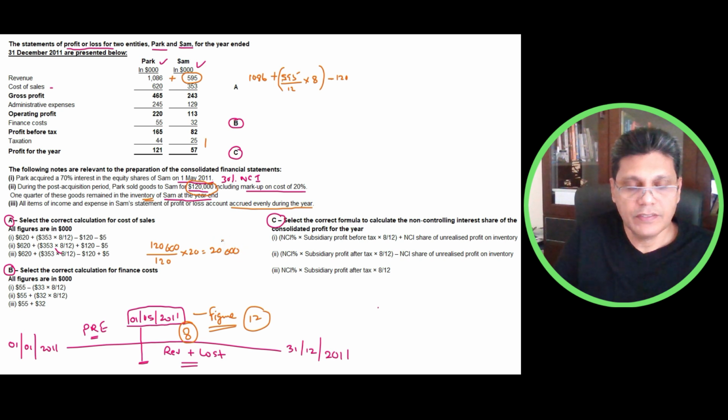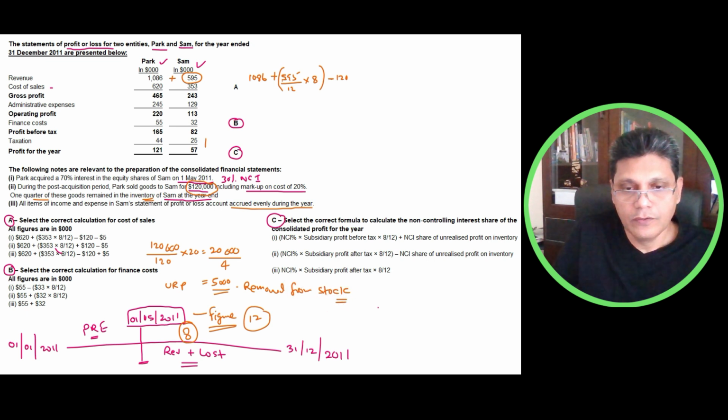Of this profit, 1/4 of these goods remain in the inventory, so 1/4 of this profit will be the unrealized profit, which is 5,000. This 5,000 has to be removed from inventory.